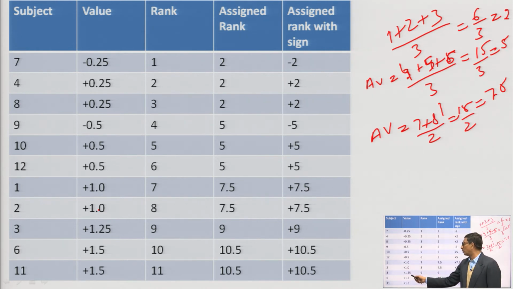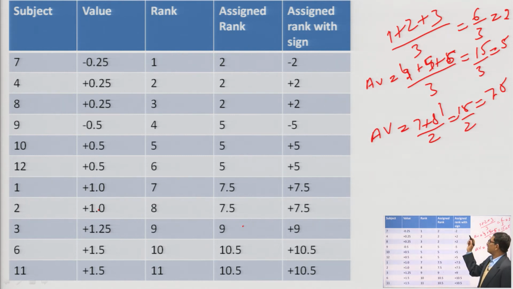For the next, plus 1.25, we give the rank 9 and here ranks are not tied. For the next value 1.5 the rank is 10 and for the next value the rank is 11, and we see the ranks are again tied. So we find the average of 10 plus 11 divided by 2, this is 21 by 2, which equals 10.5. So the assigned rank for these is 10.5 and 10.5.